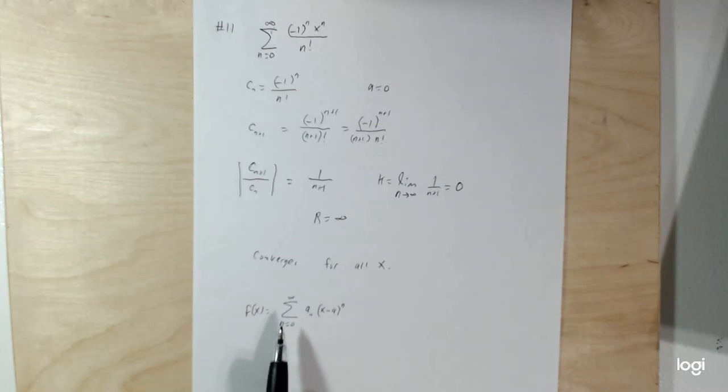Okay, we're defining functions this way. The question is, how can we find the a sub n's? And there's actually a nice formula for it. It's called Taylor's theorem. There are two people who developed this, Taylor and Maclaurin. So when a is 0, we always call it a Maclaurin series, and when a is not 0, it's called a Taylor series. So those two things really mean the same thing.